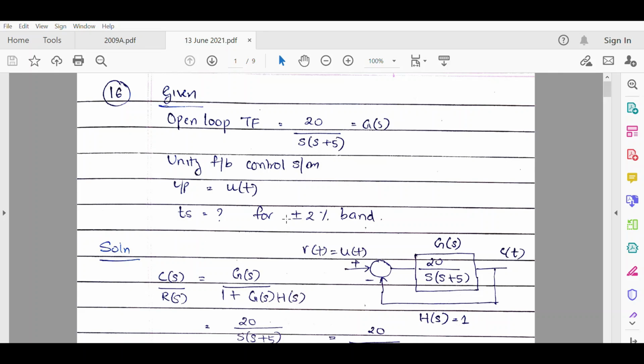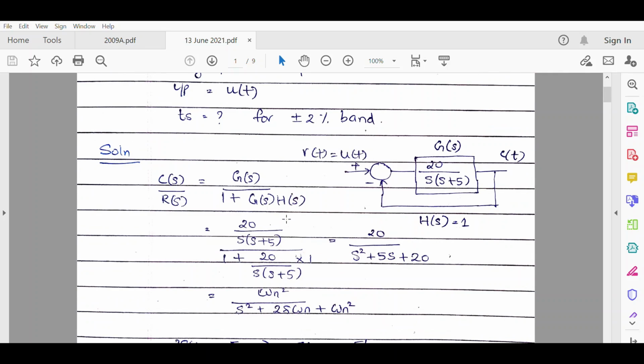Now moving on to the solution. Over here we have drawn the block diagram of this control system. As you can see, this is a unity feedback control system. There is no gain in the feedback loop, and in the forward path we have the given transfer function G(s).